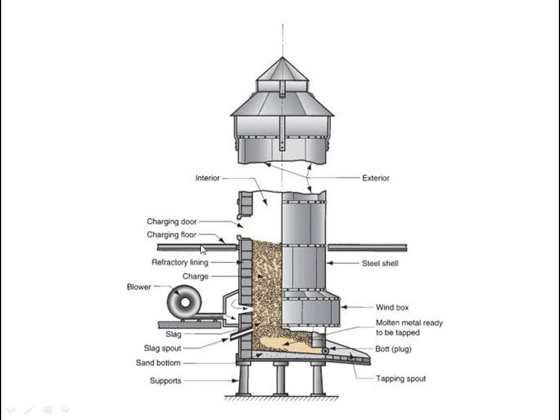This is the charging floor, and there is the charging door. This is the interior of the cupola, and this one is the exterior of the cupola. This is the steel shell, and this is the wind box, and this is the molten metal ready to be tapped. This is the plug or bot, and this is the tapping spout.